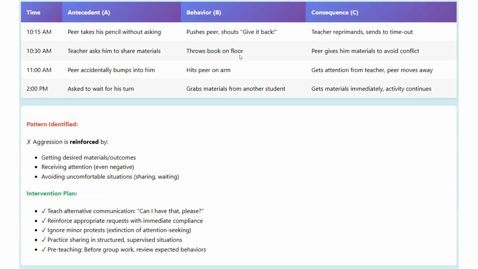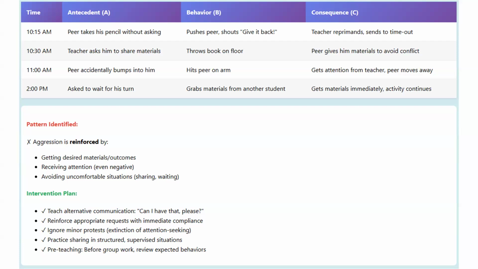Here is an example given of a particular student's behavior. At 10:15 a.m., Pierre takes a peer's pencil without asking. The behavior: he pushes the peer and shouts, give it to me.